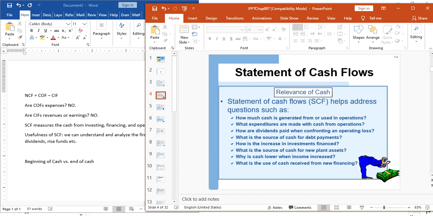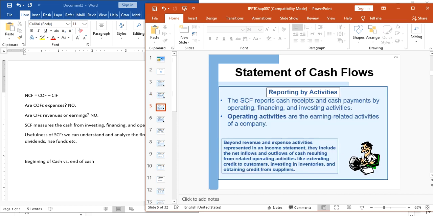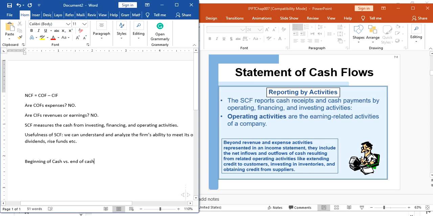So all these questions will be answered by a rational analyst through investigating the cash flow statements. And as we said, the purpose of the cash flow statement is measuring investing, operating, and financing activities.